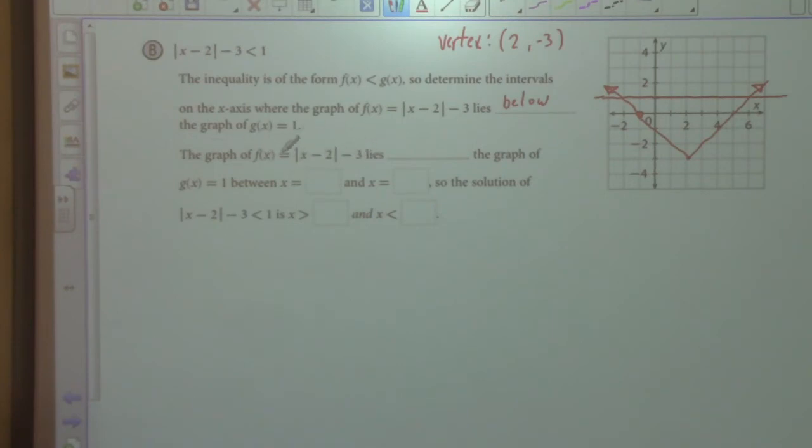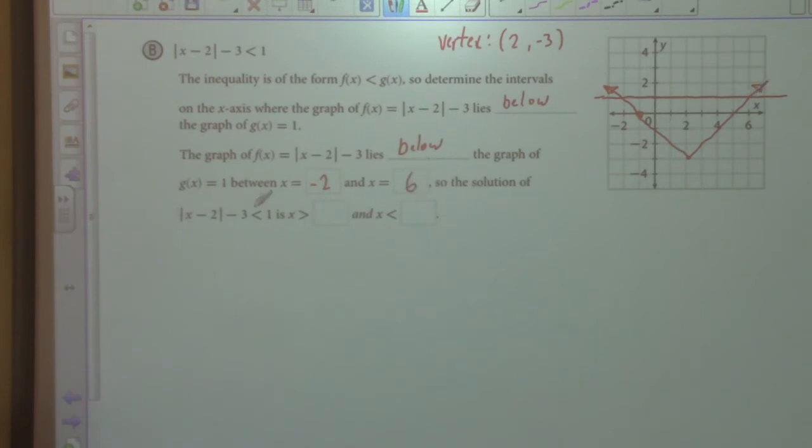And then the graph lies below the graph. I think that's below also, between x equals -2 and x equals 6.